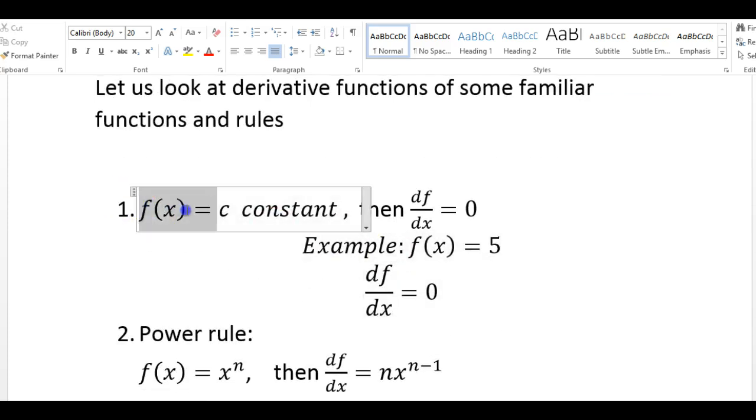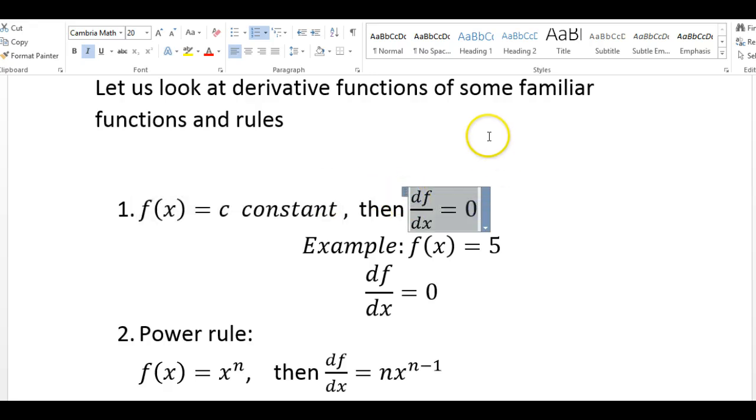First, if the function is a constant function, what do I mean by that? If the function is equal to, say, 7 or 6, then the derivative is 0. Why is that? Because a constant function is a horizontal straight line and there is no change. Remember I told you that the derivative is the rate of change. So if there is no change, the derivative is 0.